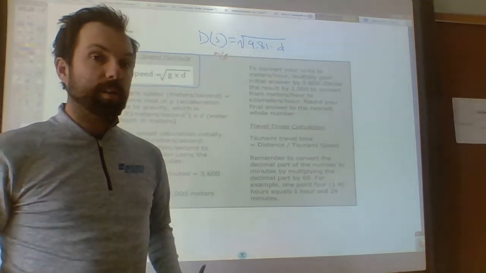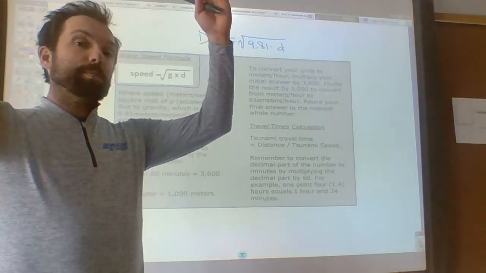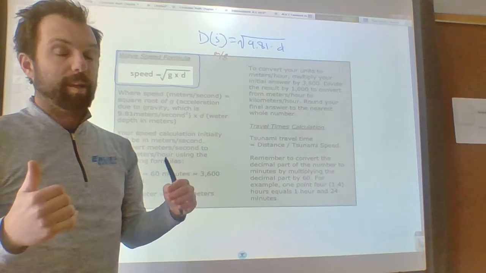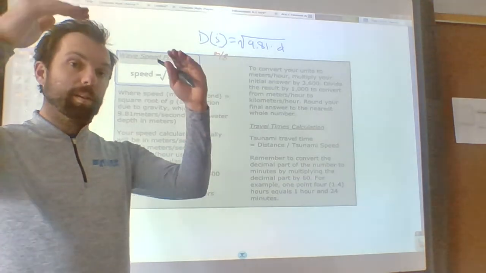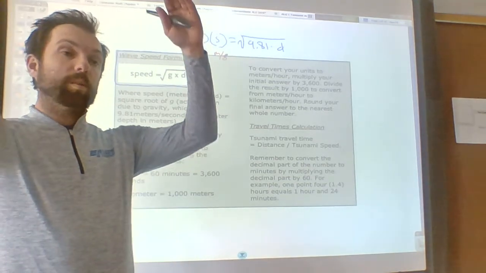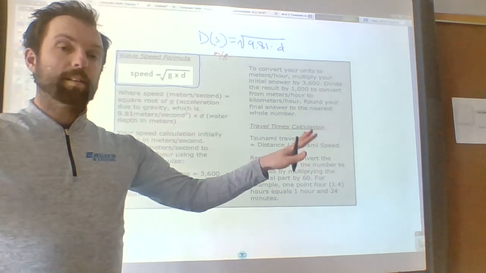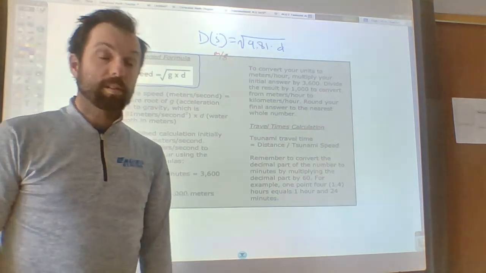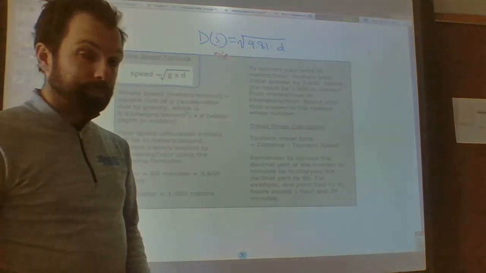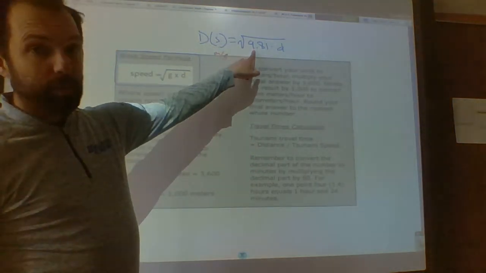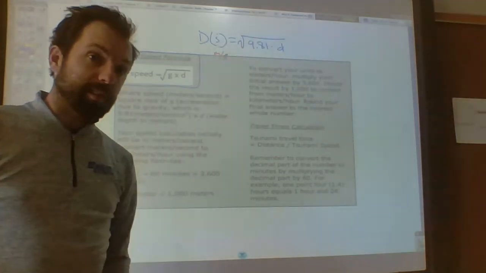It literally pushes the water up, and then it gets pulled back to the earth by the force of gravity. And this is where the wave is actually created. As the water crashes back into the ocean, the energy dissipates and ripples outwards, and that's how the wave is created. So this 9.81 comes from the force of gravity.